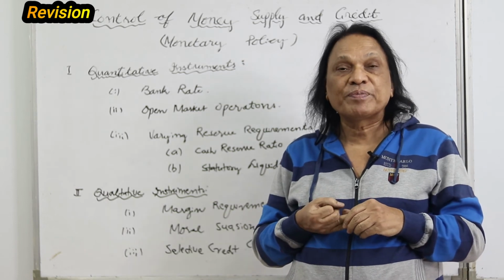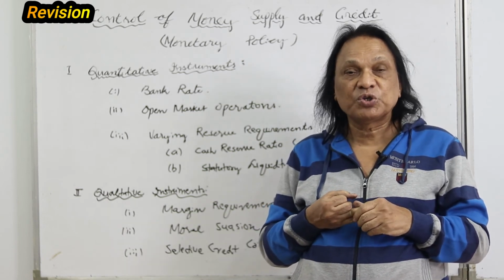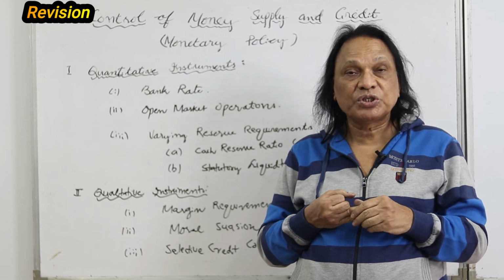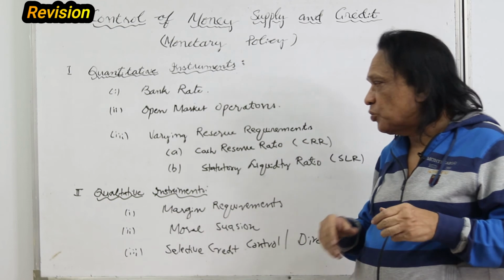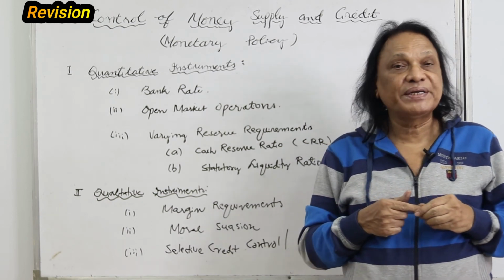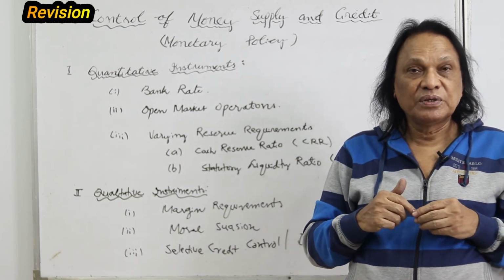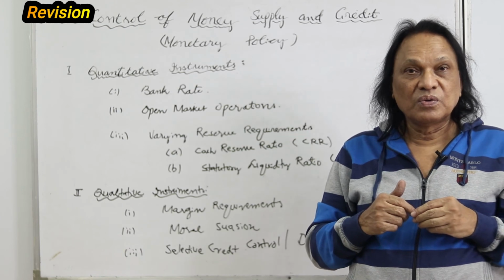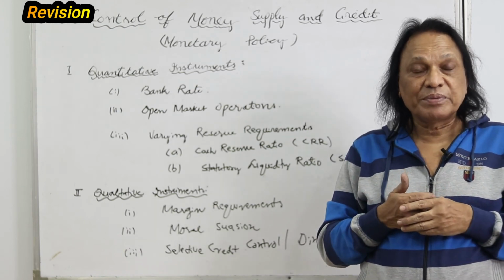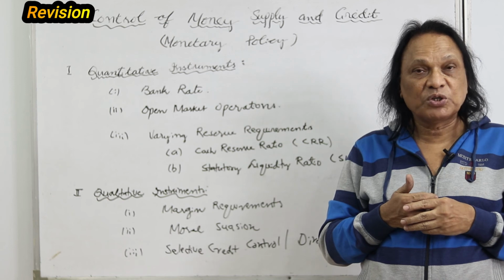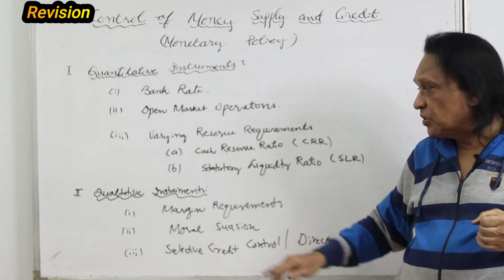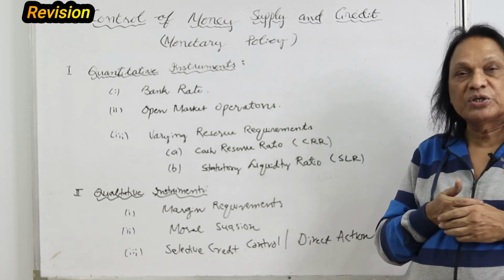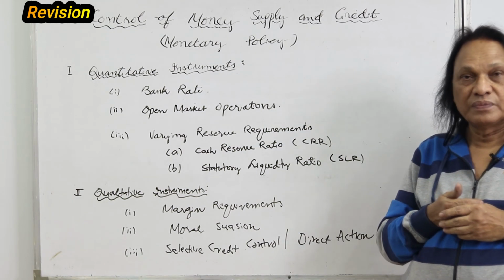Bank rate, open market operations and varying reserve ratios. Under varying reserve ratios you have cash reserve ratio, CRR, and statutory liquidity ratio, SLR. Under qualitative instruments, qualitative means direction of change, whether the loans given by the commercial banks are being utilized for productive purposes or not. Under this you have margin requirements, moral suasion and selective credit control or direct action.